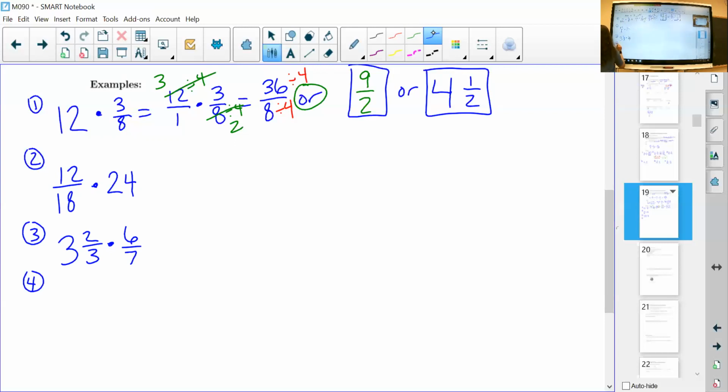I'll do another example with you. Let's do one where it's 2 mixed numbers times each other. 2 5/8 times 4 2/7.